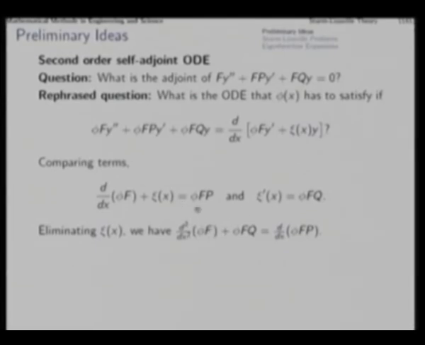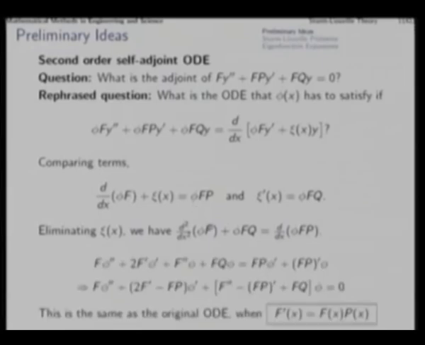So, the second derivative of phi F will be F phi double prime plus twice F prime phi prime plus F double prime phi, this is the second derivative of phi F, plus this which is here, equal to the derivative of this, Fp into phi prime plus Fp prime into phi. Now, we collect the terms together: second derivative terms, here only one; first derivative terms, one from here and the other from here, that is twice F prime minus Fp.